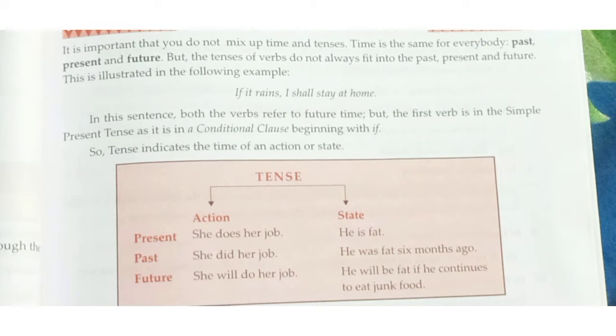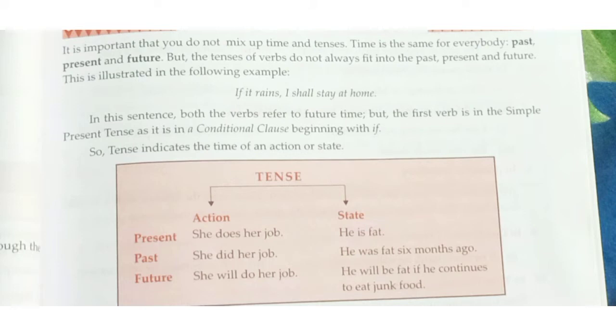When we say present indefinite tense and there is some action happening, then there is an action verb present in that. But when we say state of action, the verb is a verb of incomplete predication. That is the third category of the verb: one is transitive, one is intransitive, and the third is the verb of incomplete predication.